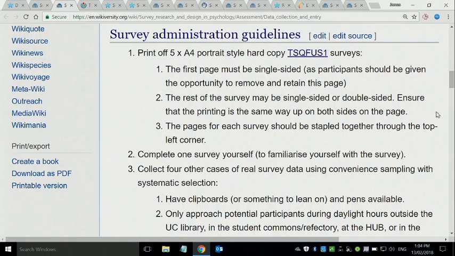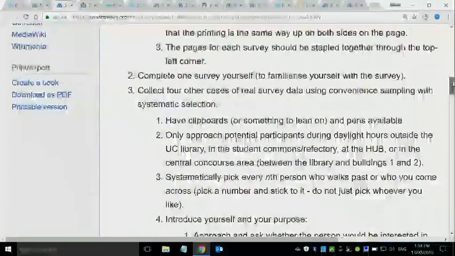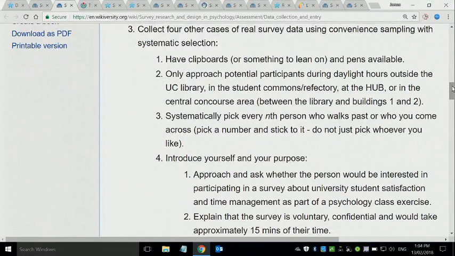You should staple through the top left corner to keep the pages together. Complete one survey yourself. Collect 4 other cases of real survey data using, and this is our first technical term, convenient sampling with systematic selection.